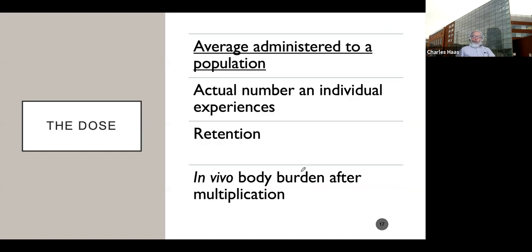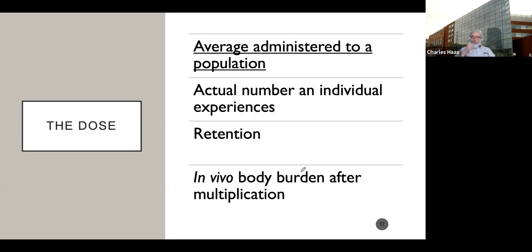So let me talk about what I mean by dose. What I'm talking about here in the context of dose response is a population average, the average administered to a population. And so that could be any positive number, including with a fractional portion. Let's say I release 10 organisms into a room where 100 people are exposed.